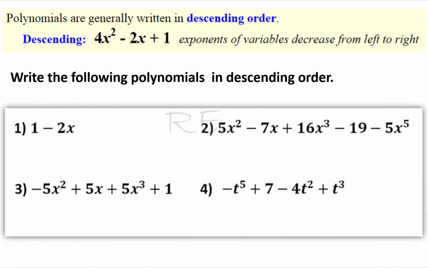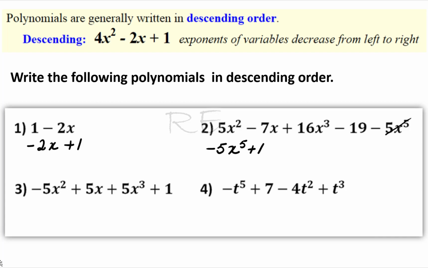A polynomial is written in descending order if the exponents of the variables decrease from left to right. 1 minus 2x to the 1st, or negative 2x to the 1st plus 1, is in decreasing order. The highest exponent is x to the 5th, negative 5x to the 5th.